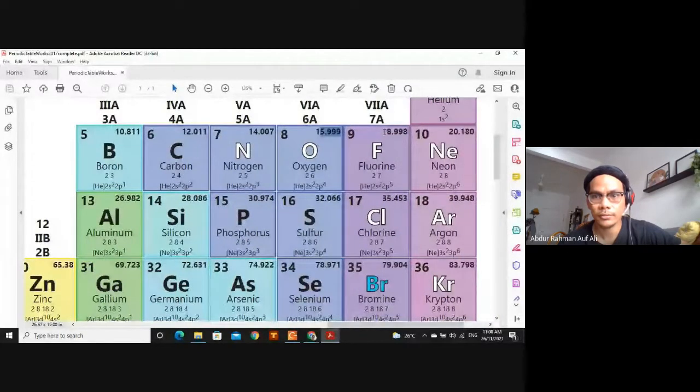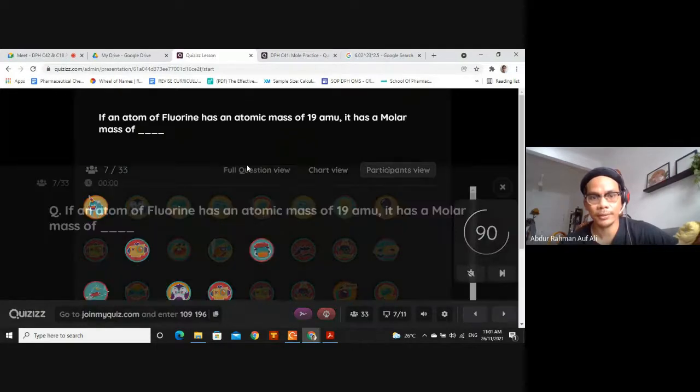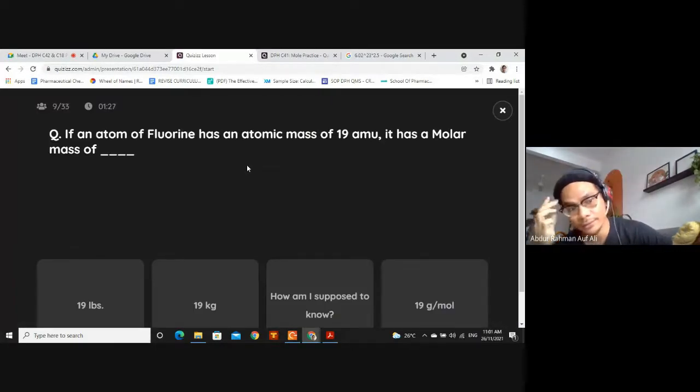So fluorine berat untuk 1 mol adalah 18.998. Kalau kamu bundarkan dia, basically 19.0 lah gram per mol. So soalan ni tanya, if an atom of fluorine has an atomic mass of 19 AMU, molar mass dia adalah berapa? Pilihan jawapan yang dia bagi adalah 19 pound, LBS is pound, 19 kilogram. How am I supposed to know? Ataupun 19 gram per mol.